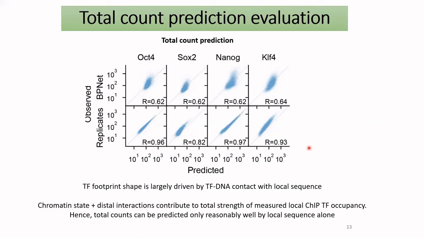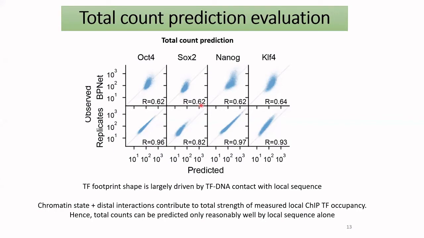For example, there's lots of evidence of distal QTLs, SNPs, and other distal locations in the genome that affect the magnitude of binding at other locations. We're not modeling any of those aspects, so we should not expect very strong accuracy.